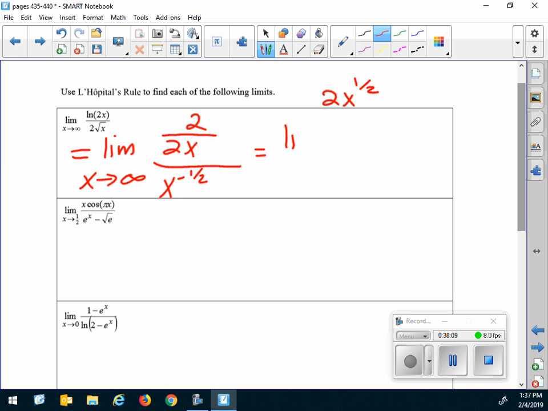Well, we got 1 over x divided by 1 over root x. What's that equal?